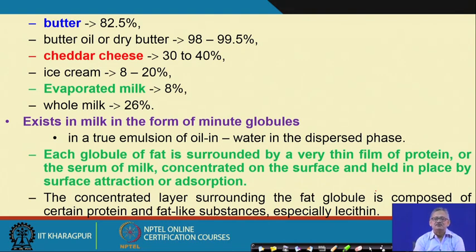It varies widely. Evaporated milk contains fat around 8%, and whole milk normally contains a very high percentage of fat, and whole milk we normally call it to be dried.